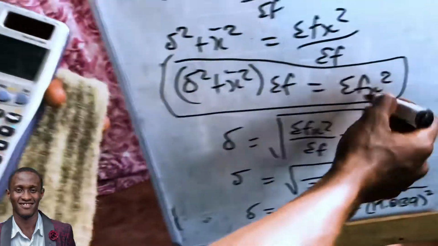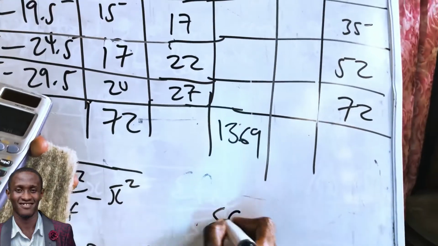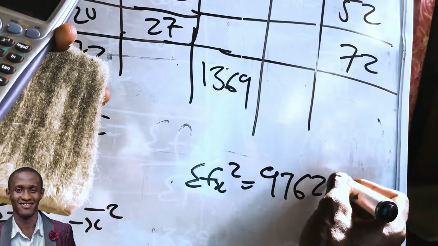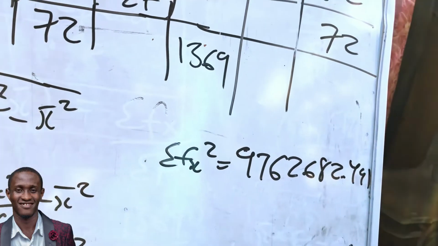So it means that I've found this. It is sigma f of x squared is equal to 9762682.4, and this is a very big value.